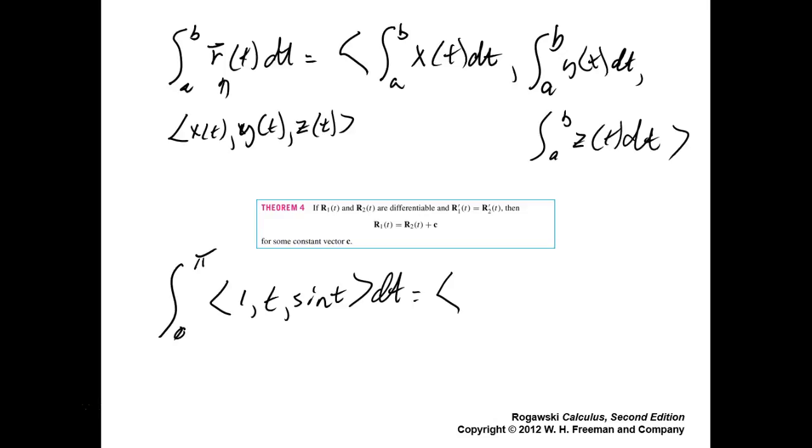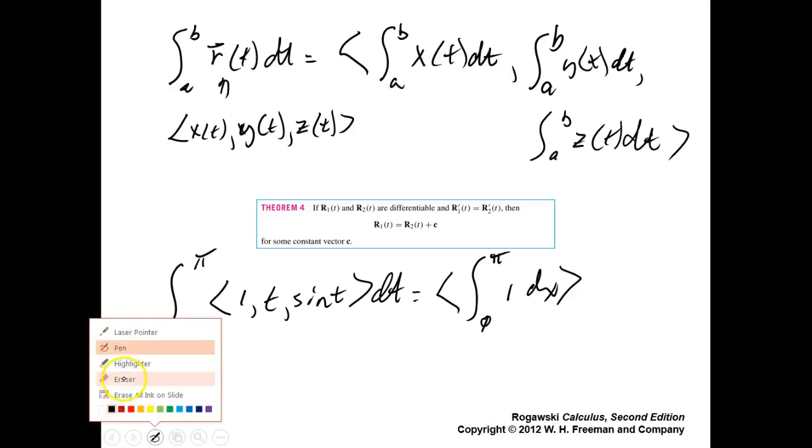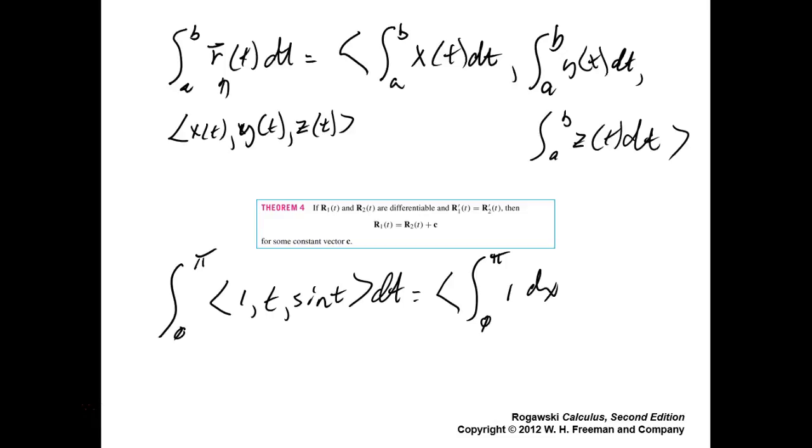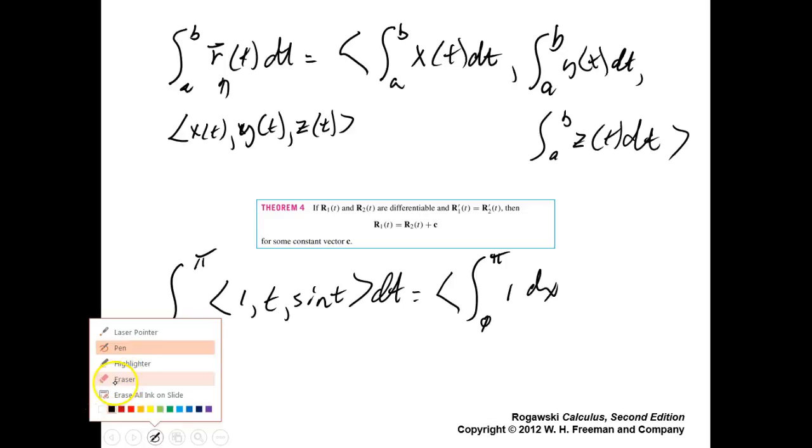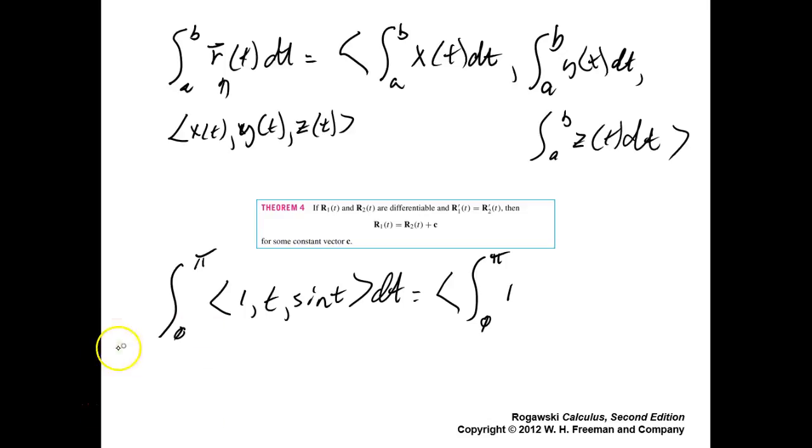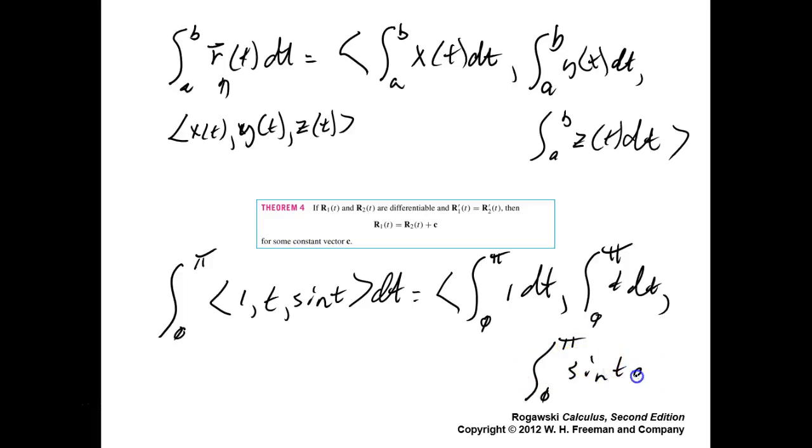So what we'll do is the vector made up of the integral of those components: the integral from 0 to pi of 1 dt, because that is the x position as a function of t, comma, the integral from 0 to pi of t dt, comma, the integral from 0 to pi of sine t dt. Close vector.